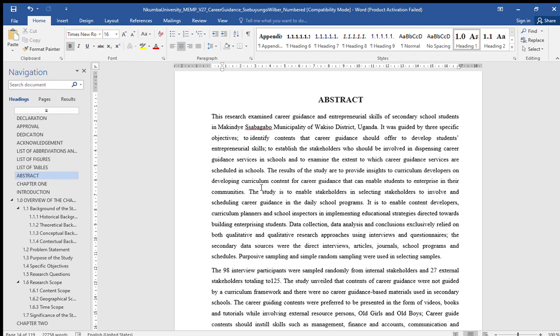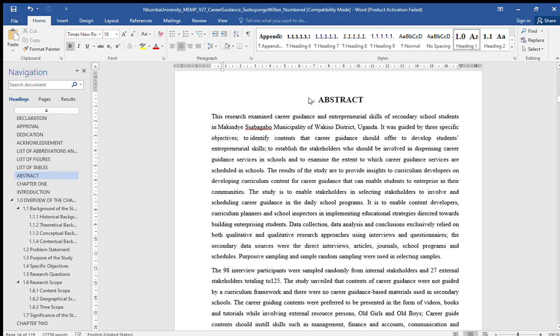Because an abstract is a summary of all the chapters in your dissertation. An abstract will have contents for chapter 1, chapter 2, chapter 3, chapter 4, and chapter 5. So if we see an abstract there, it tells us that this student is plagiarizing.